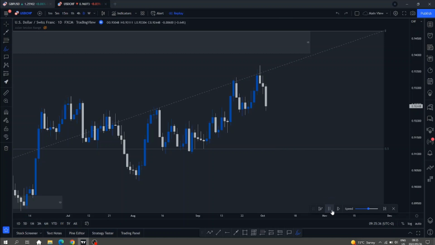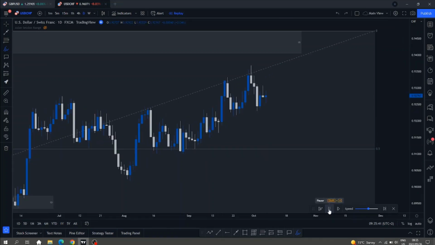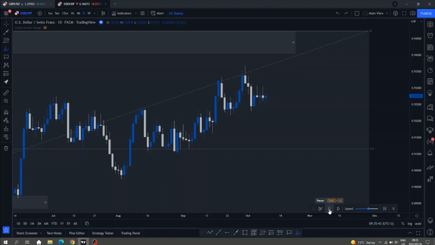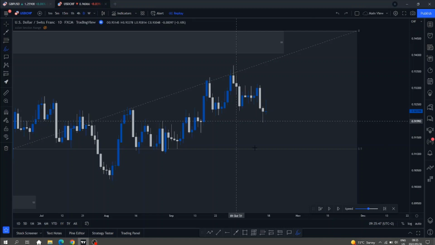If we play price forward a little bit, we can see price action is now starting to hover. And then what we have is this. So in here, we've essentially got a valid daily change of character, which has just taken place.